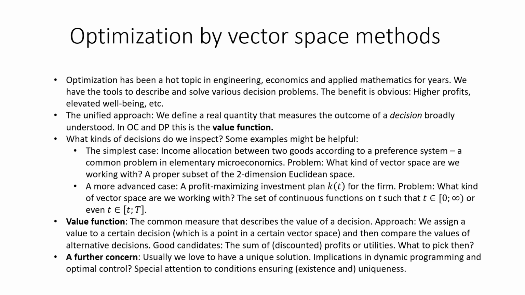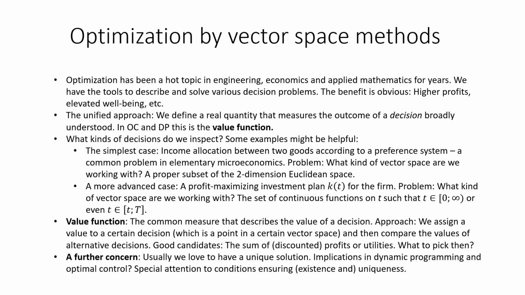At the bottom line, in any case, we define a real quantity that measures the outcome of a decision, broadly understood. In economics, in optimal control and dynamic programming, this measure is the value function. So we define a vector space, the points of which are alternative feasible solutions to the problem, and to each possible solution, we assign a value.